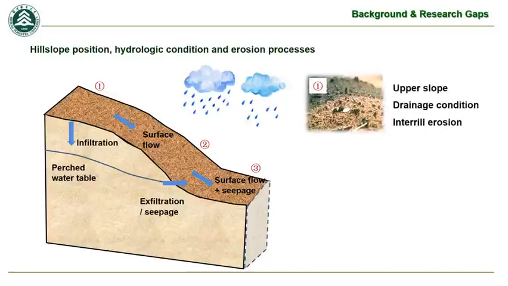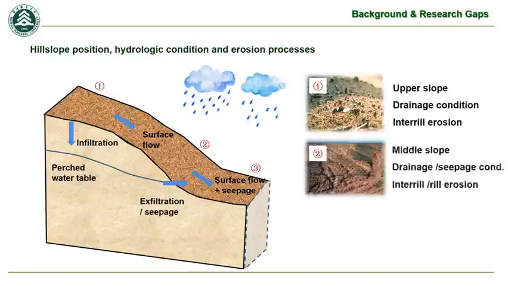The small amounts of surface flow from the upper slope area lead to interrill dominant processes. And for the middle and down slope, the increased water from the upslope area enhances the concentration of surface flow, resulting in rill erosion.